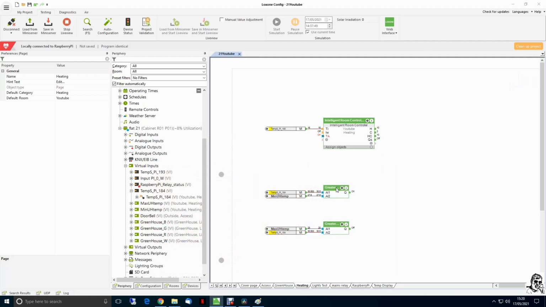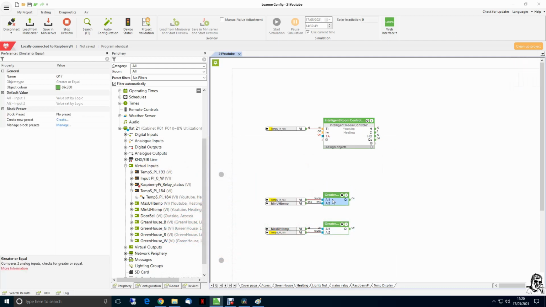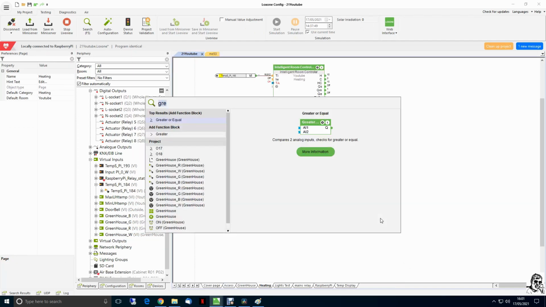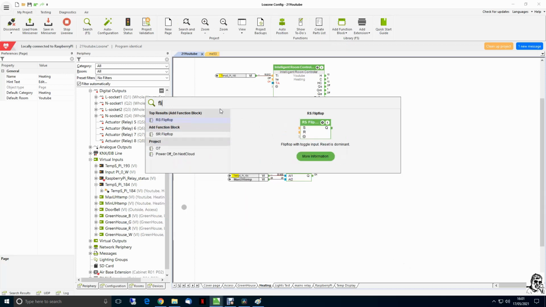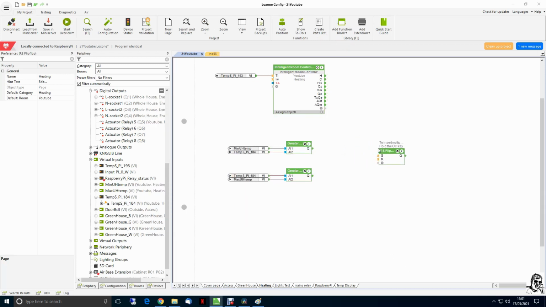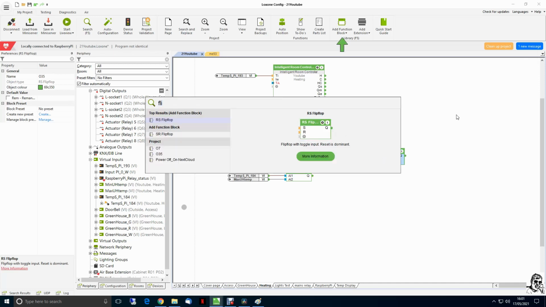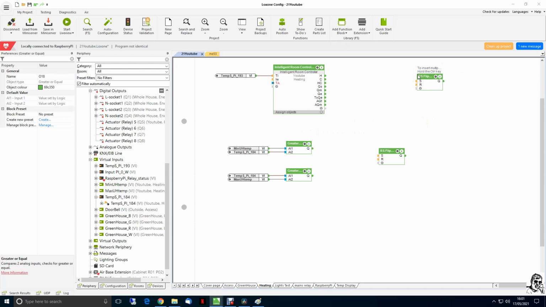Okay, next, F5, and flip-flop. F5, flip-flop, the second one. Okay. One is connected to set and the other one is connected to reset.